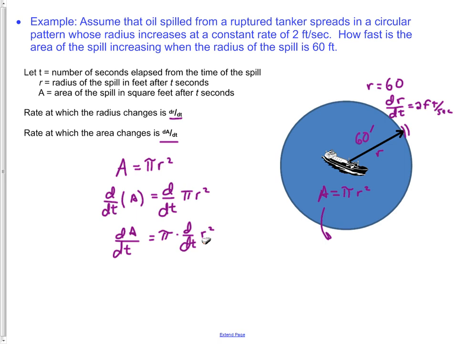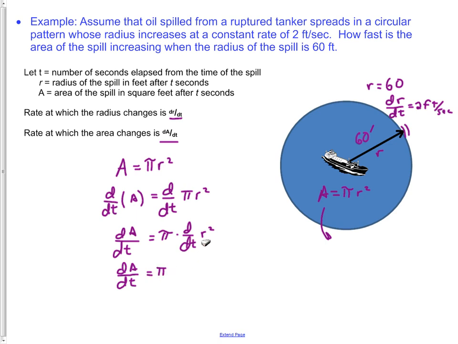Now, again, r is a function of time. So in this case, we have to use the idea that we learned about in the chain rule, which is to say that since the variable we're taking the derivative with respect to does not match the variable we're taking the derivative of, we have to use our chain rule.